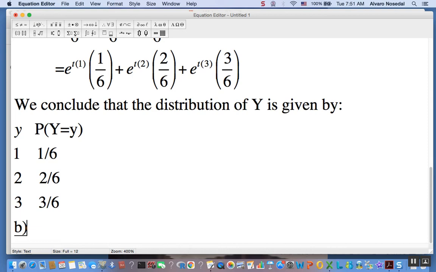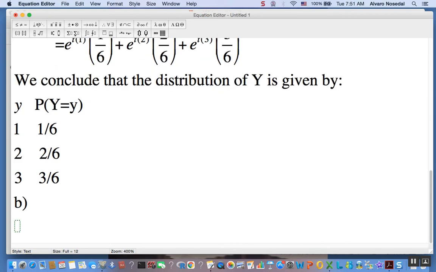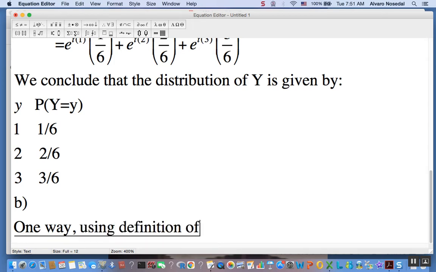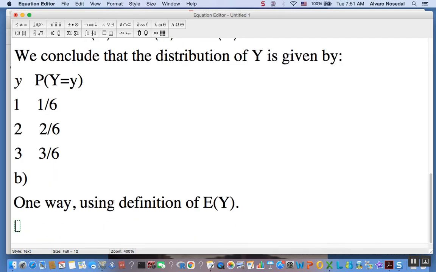So let's do it both ways and check. One way, using the definition of expected value.